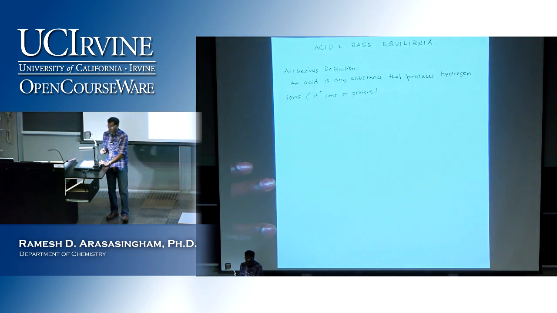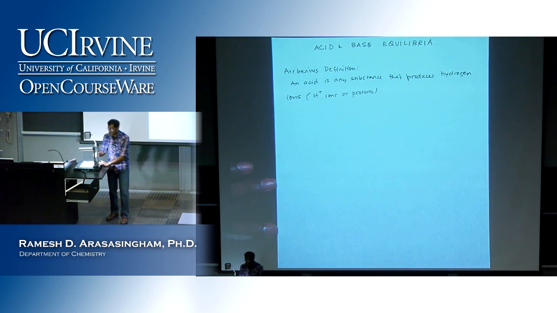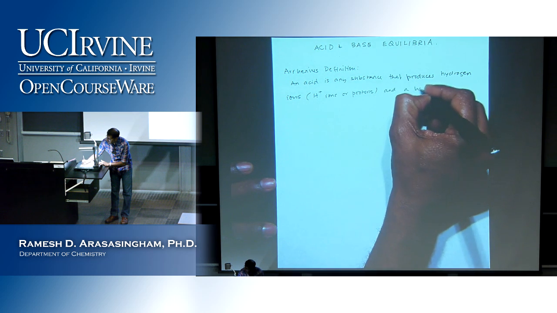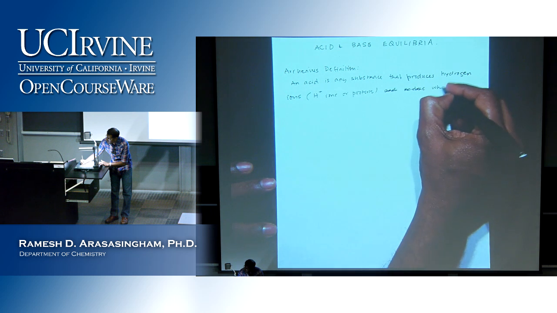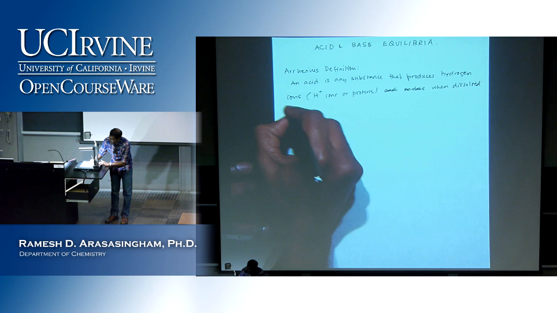All right? So an acid is any substance that produces hydrogen ions when dissolved in water. So it has to be dissolved in water.